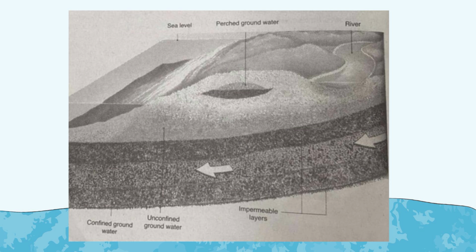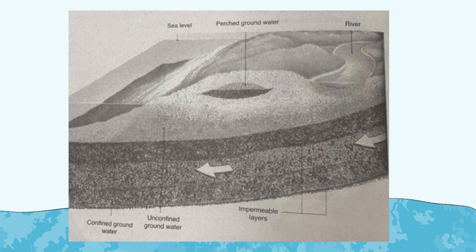It illustrates key elements such as sea level and a nearby river. It indicates water sources on the surface, and perched groundwater is shown as a localized area of water trapped above the main water table.